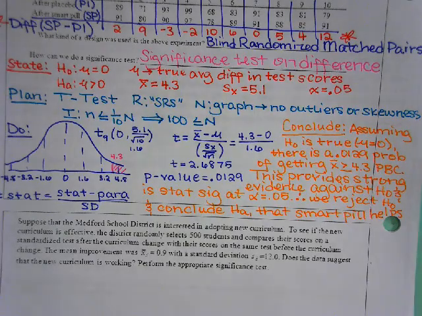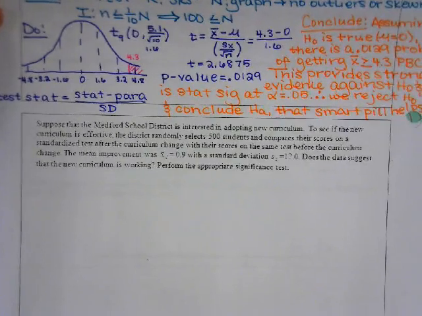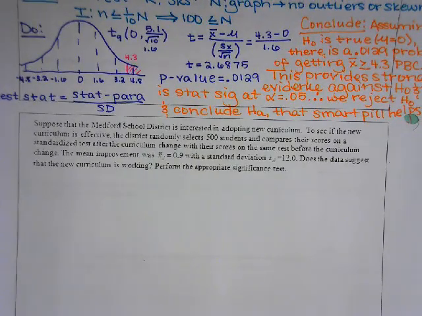All right. So this time, our situation is that the Medford School District is interested in adopting new curriculum. To see if the new curriculum is effective, the district randomly selects 500 students and compares their scores on a standardized test after the curriculum change with their scores on the same test before the curriculum change.